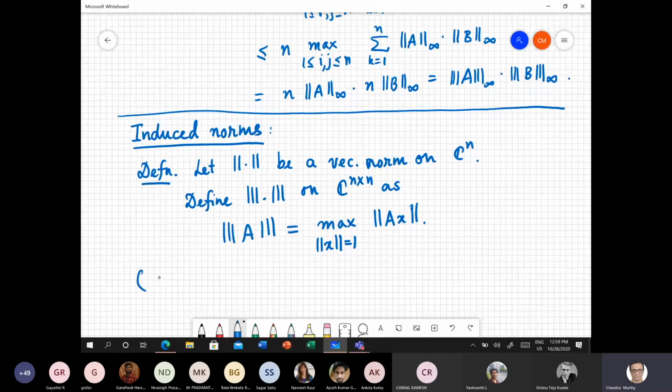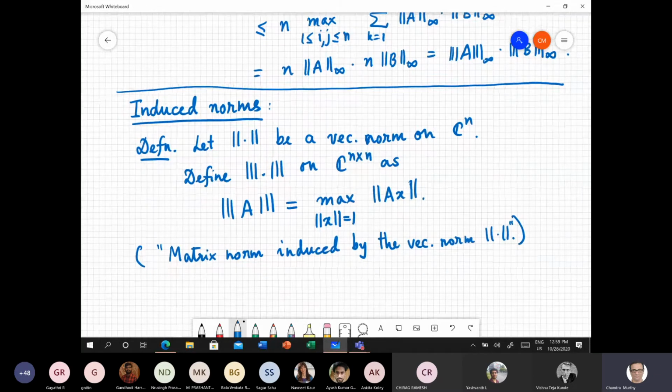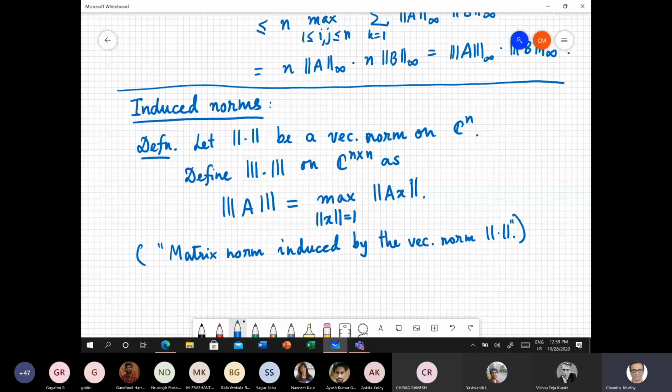I'll just put it in double quotes because I haven't really formally stated this yet. So this is the matrix norm induced by the vector norm. Okay. So this is the basic definition of an induced norm.